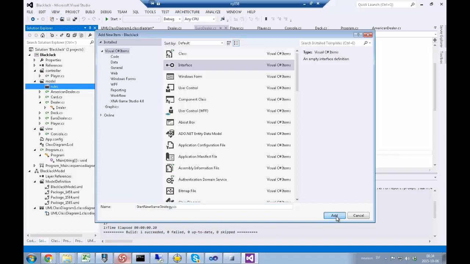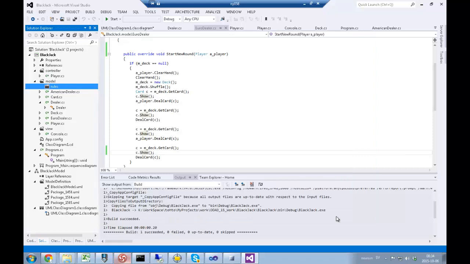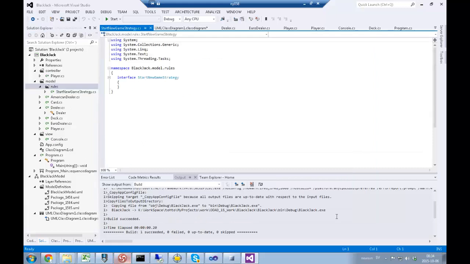I will call it Start New Game Strategy. And this is a good convention to use, to actually try to use the name of the pattern in the interface and class names, so that when you stumble upon this code, you can recognize the names, and then you know, okay, this is the strategy pattern, it works like this, so this is what I am to expect of the code.